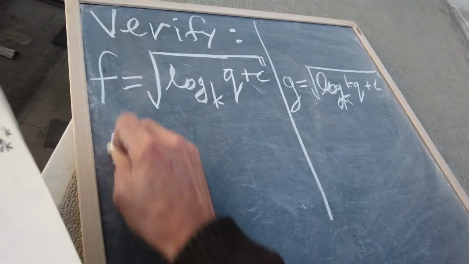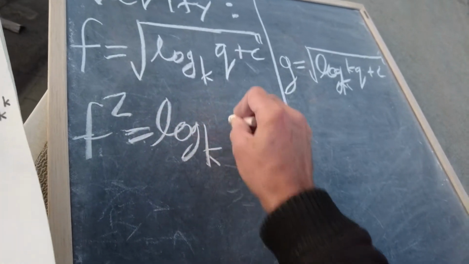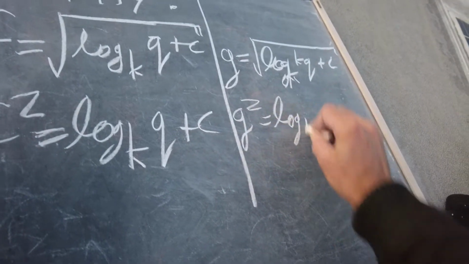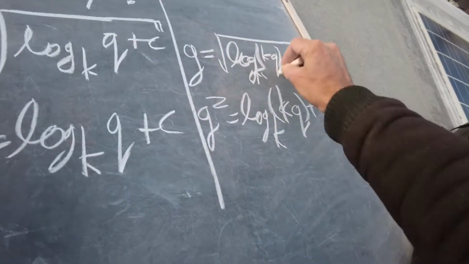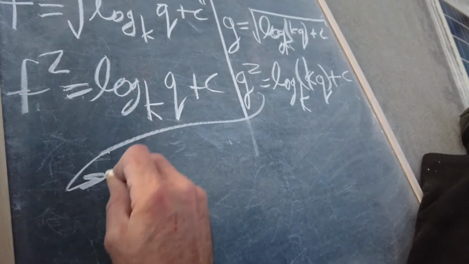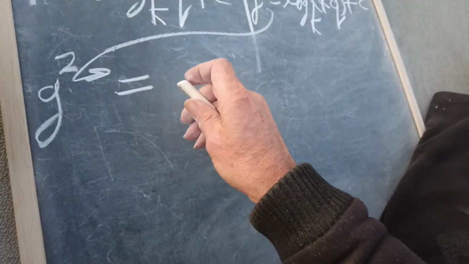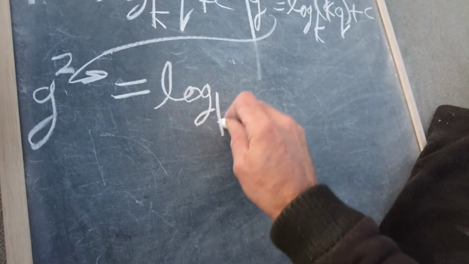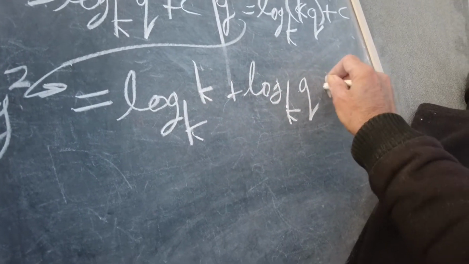Now let's consider f squared equals log k of q plus c, and g squared equals log k of kq plus c, that's in brackets there. Which equals g squared is equal to log k of k plus log k of q plus c.